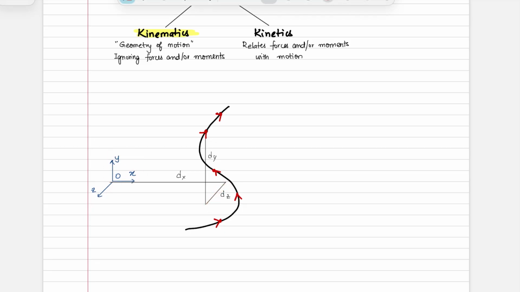Okay, so if this kind of a study is sufficient for you, where you don't care about how the body is oriented and you only care about its position, then it can be called a particle.